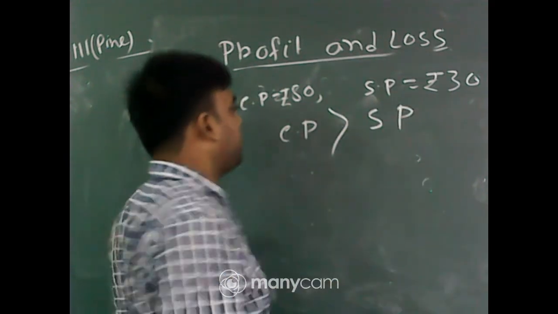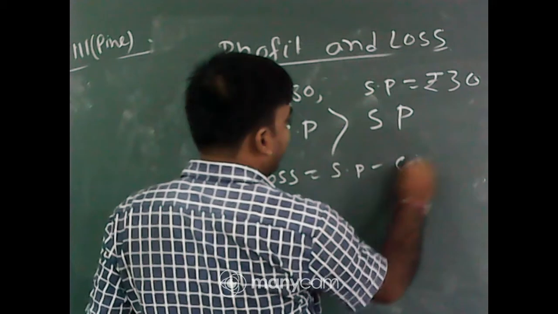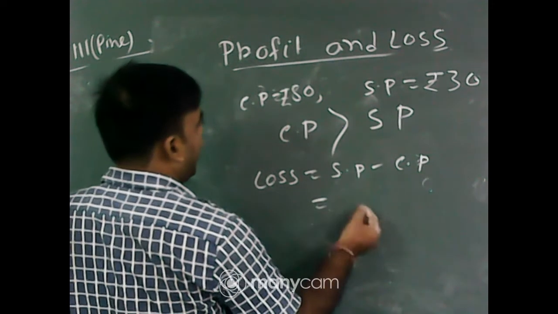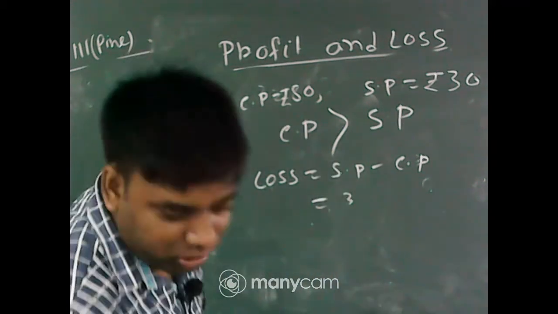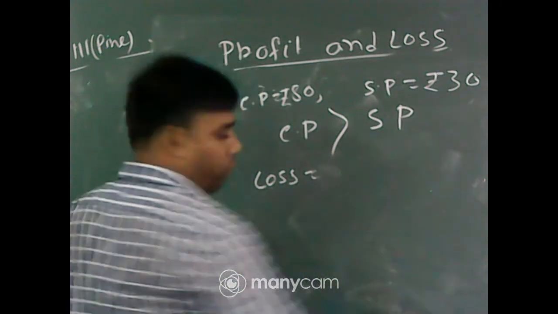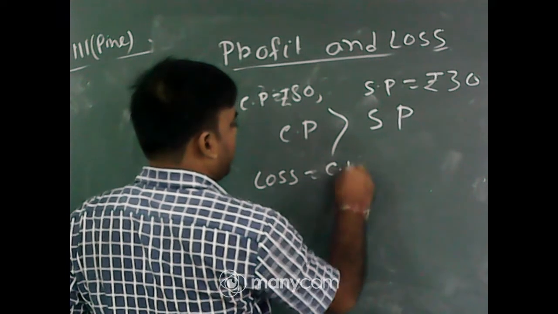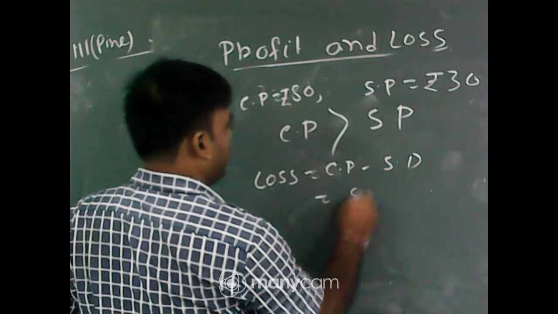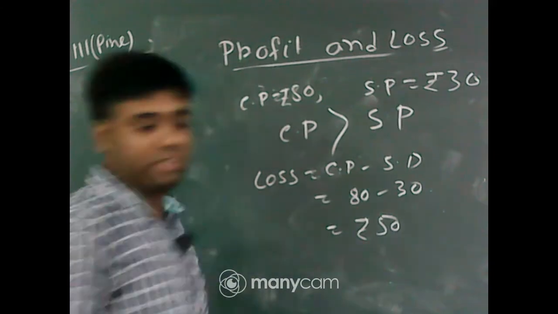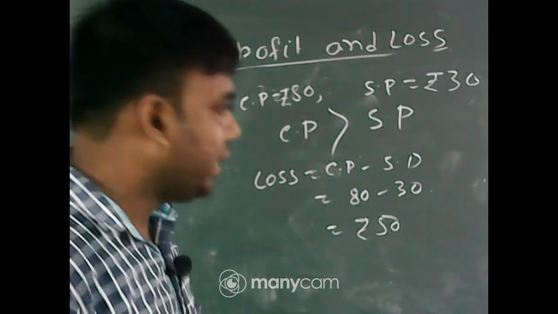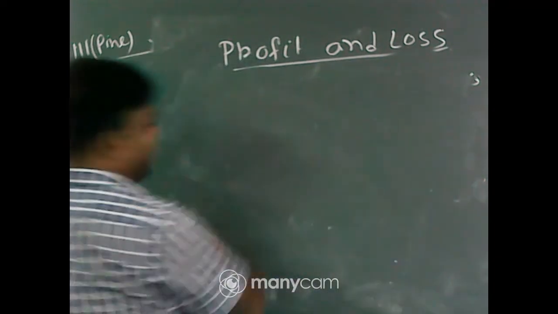In case of loss, the formula is CP minus SP. CP is 80 and SP is 30, so that is rupees 50. Rupees 50 is the loss. I think it is clear to you or not? Will you require an example or the next topic?